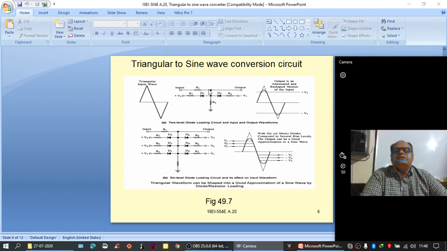The drop across R2 is nothing but the output voltage. Is that clear? Drop across R2 is the output voltage.